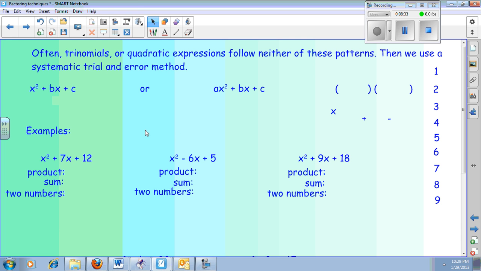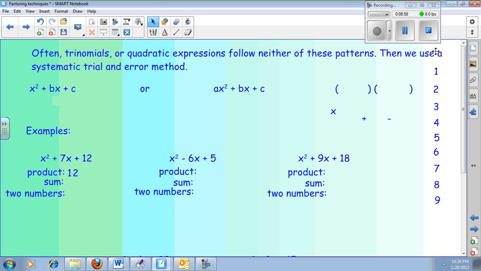So the trick here is to look at the product of the numbers for the last term, the sum of the numbers for the middle term, and what two numbers will create that. So in the first example, the product is 12. And we'll just put that down here. That's the product we're looking for.